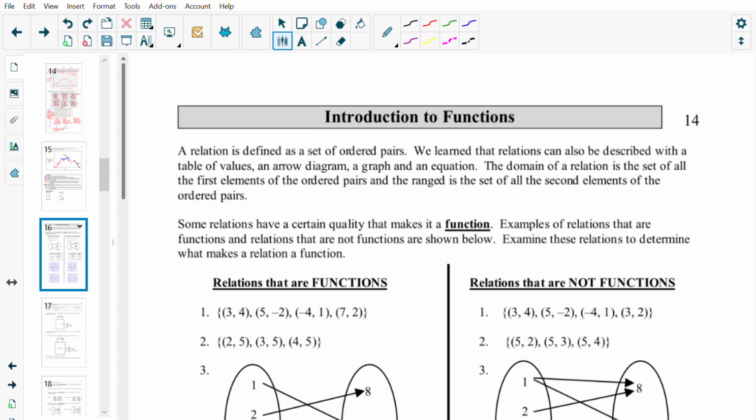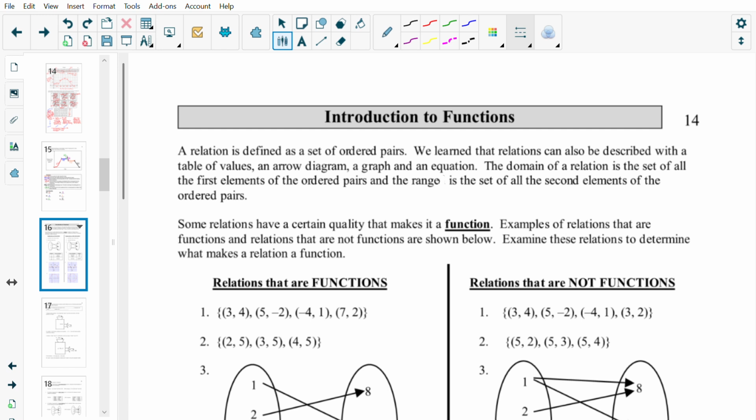The domain of a relation is the set of all the first elements of the ordered pairs, and the range is the set of all the second elements of the ordered pairs.